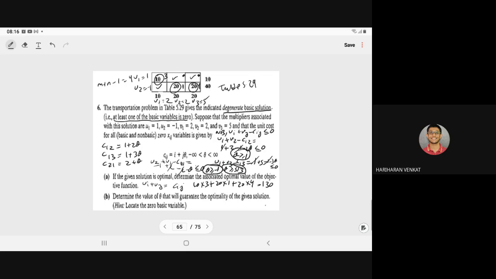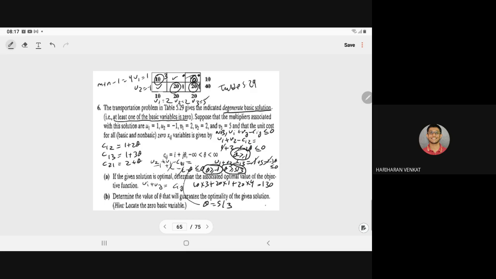If you take the intersection, theta is equal to 5 by 3 satisfies all three inequalities. So that is the minimum value of theta which guarantees that the current solution is the optimal solution. As you put theta equal to 5 by 3, automatically this cost cij will become 0.